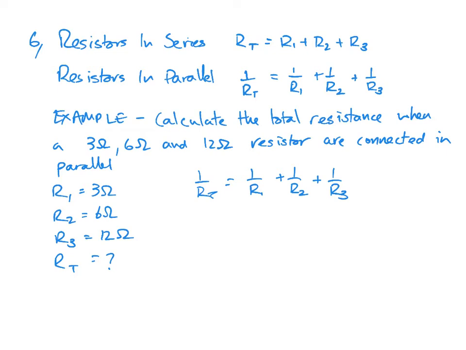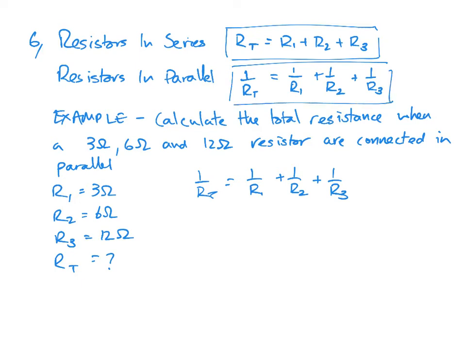Okay, so we're identifying it's parallel, so it's the second formula that we select from up the top here. Actually, if you want to highlight the formulas, put them in a box or something like that. That's what we usually do with new formulas. And for our substitution, we don't know RT, so we'll leave that as it is.